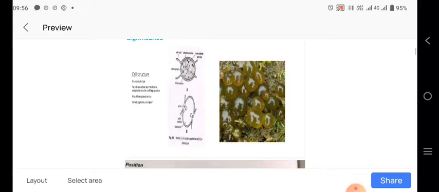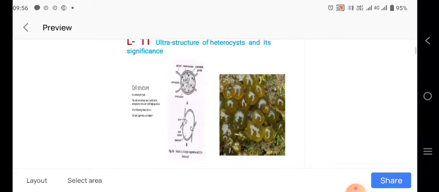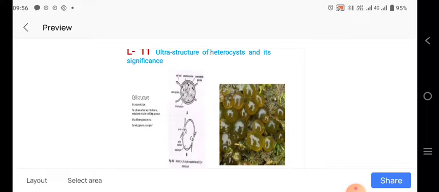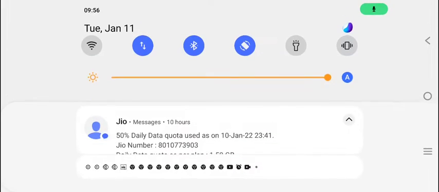As per the structure of this character, we may show the magnified portion of this heterocyst.